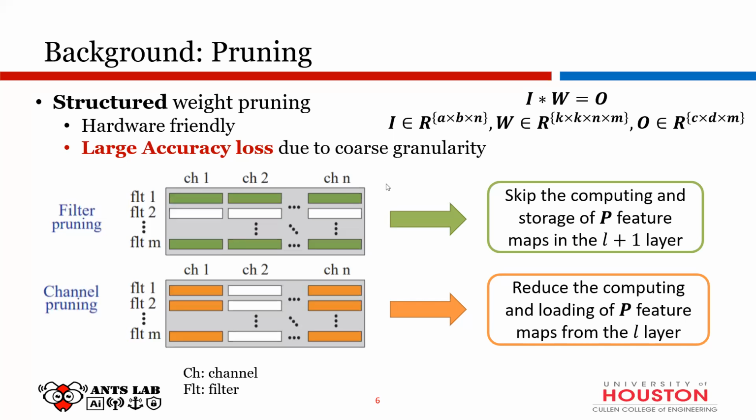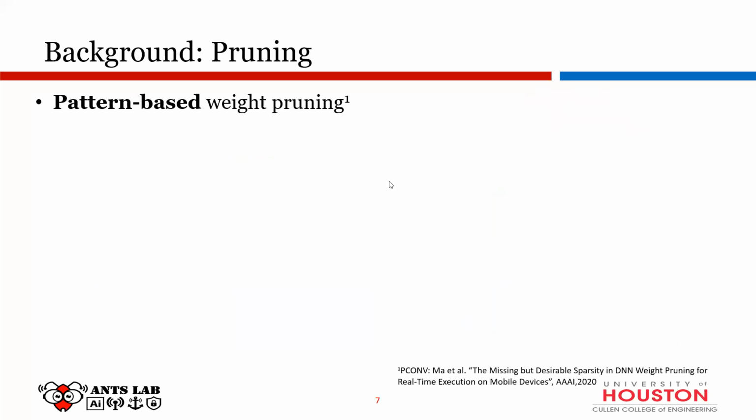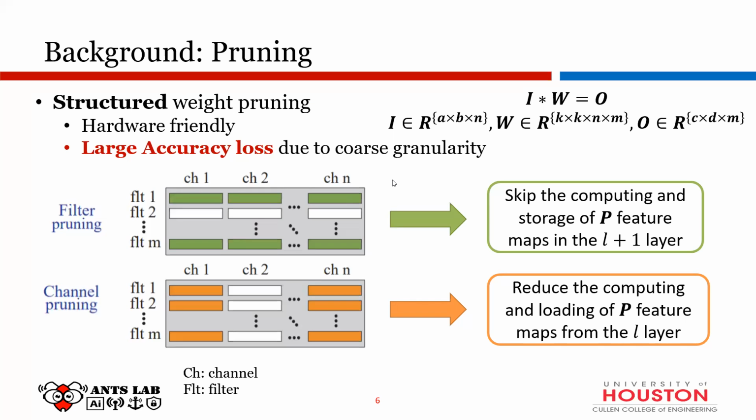I have a quick conceptual question. For the channel pruning here, is the channel the wireless channel we talk about, or no? No, it's not. You can see here that the feature map is three-dimensional.